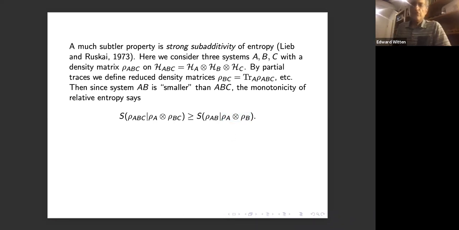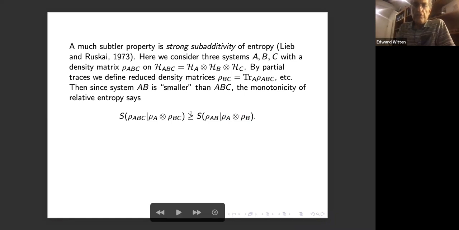And since system AB is smaller than system ABC, in other words, we're forgetting some degrees of freedom, the monotonicity of relative entropy, which was proved by Lieb and Ruskai in the same paper, says that one relative entropy is bigger than the other.